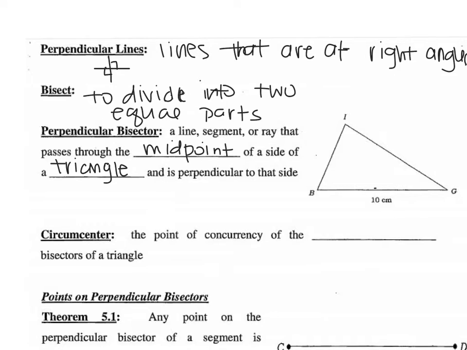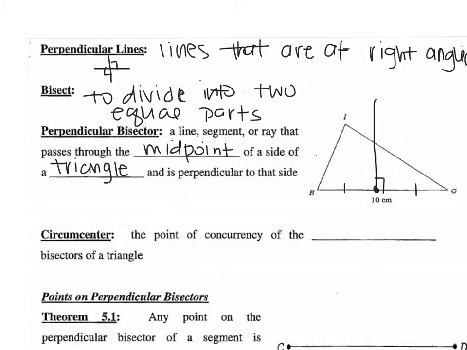So if I look at my triangle IBG, if I draw the midpoint along the side BG so that I create 2 congruent segments, and then I draw the line that meets it at a 90-degree angle, notice how it passes through the side IG. Sometimes the perpendicular bisector may pass through a vertex, but more often than not, it will pass through a side.